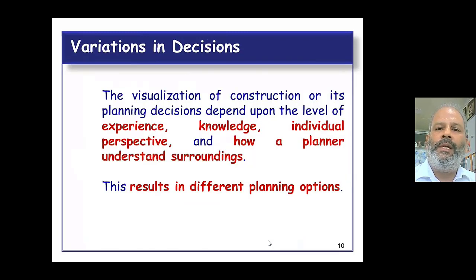Then that visualization of execution sequence, construction or life cycle varies with the experience, knowledge, or individual perspective of a planner, how he or she understands surrounding, or how a planner interprets interaction of that particular construction or facility with its surroundings.